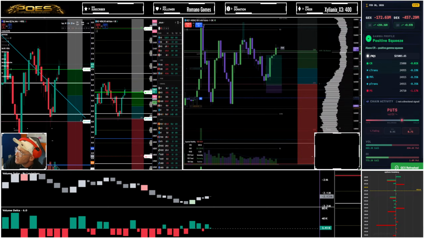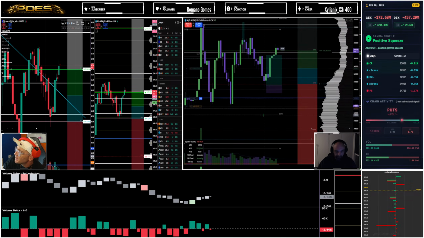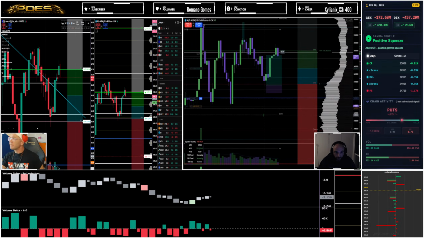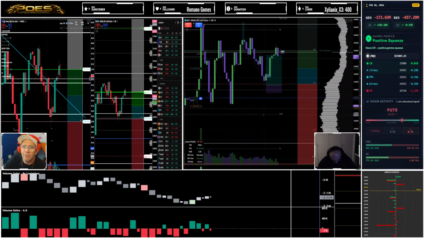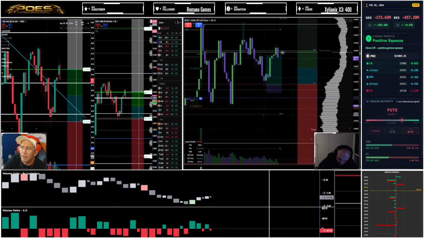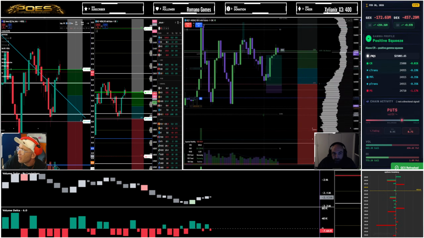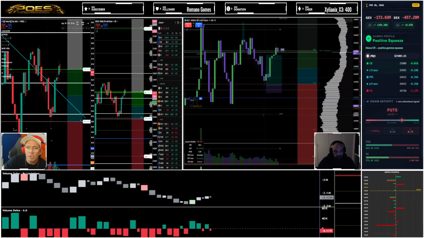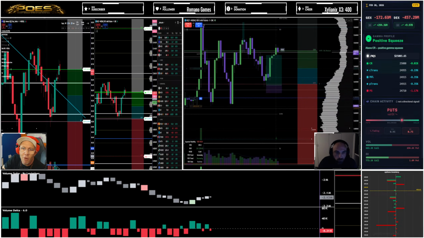Top of the range. Expect it to come back down. Test 29,500. There we go. Let's see. 25,980. Let's see the thin pullback here. Thin pullback. Give us the entry.